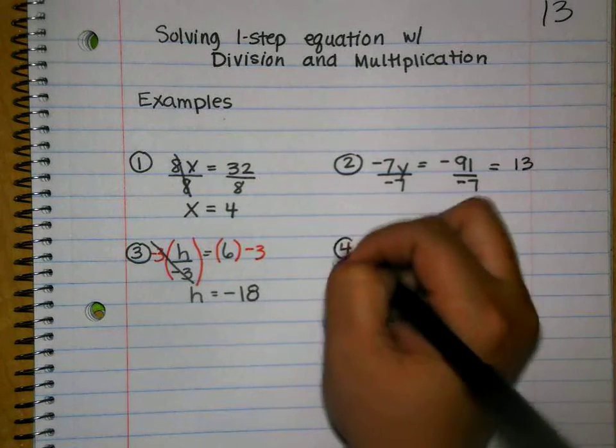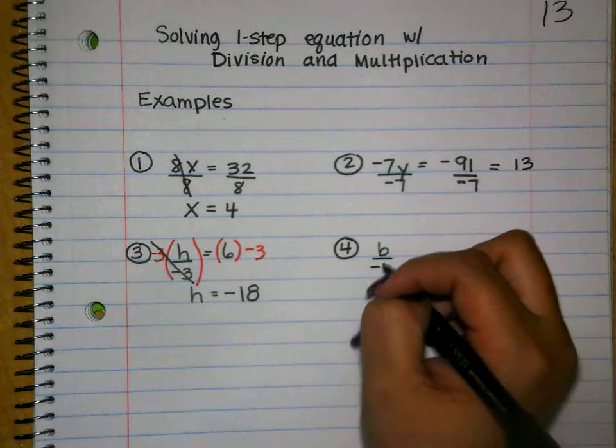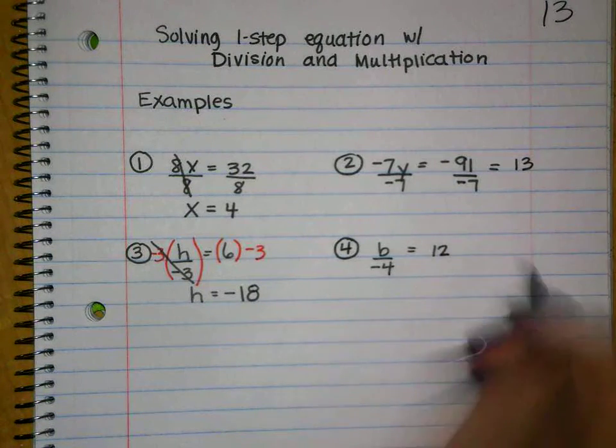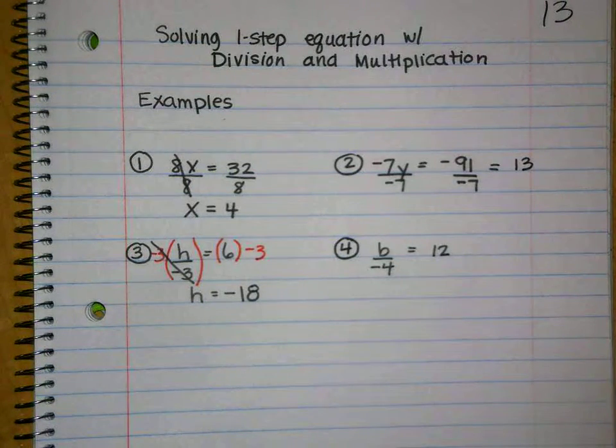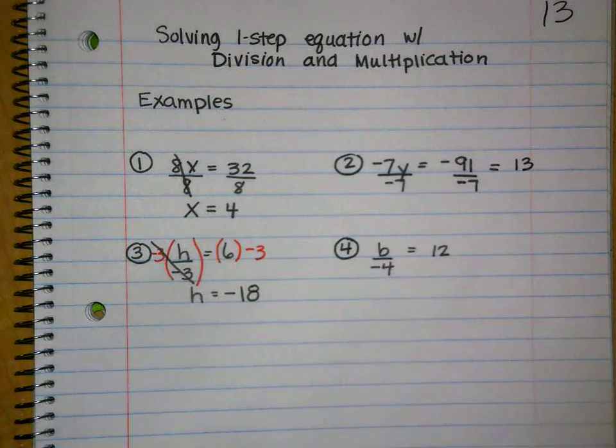And if we try another one, we might say that we have b over negative 4 is equal to 12. Well, I need to isolate b. In order to isolate b, I have to get rid of negative 4. Negative 4 is attached to b by division, and that little line is going to tell us that's division. So in order to get rid of division, I need to do multiplication.